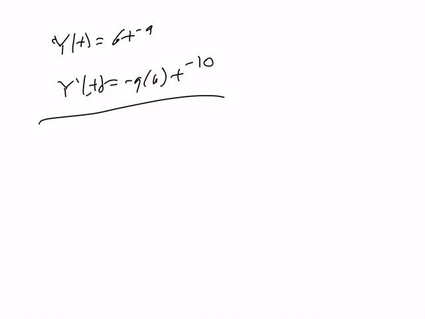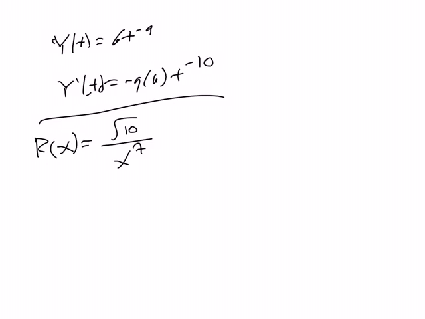Problem 12, interesting problem. We do know the quotient rule, so I'm going to do problem 12 in two different ways. One using the quotient rule, and the second just manipulating it a little.